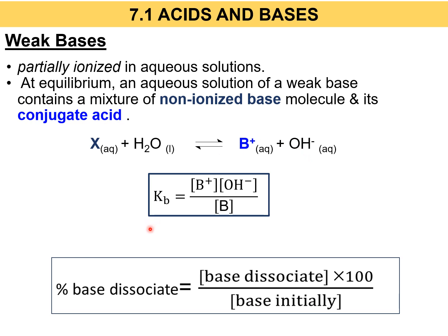Okay, and this is how you build the Kb expression from this general base dissociation equation. And this is the formula when the weak base is ionized, where the percentage of base dissociation is equal to the concentration of base dissociated multiplied by 100, divided by the initial concentration of the base.